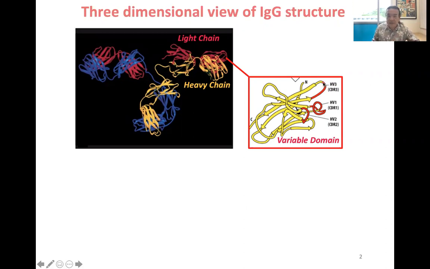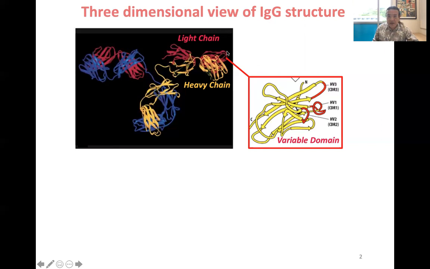And that's because these three loops really help form the three-dimensional surface that hopefully matches up with the three-dimensional surface of the antigen, to get close enough fit to start things off.